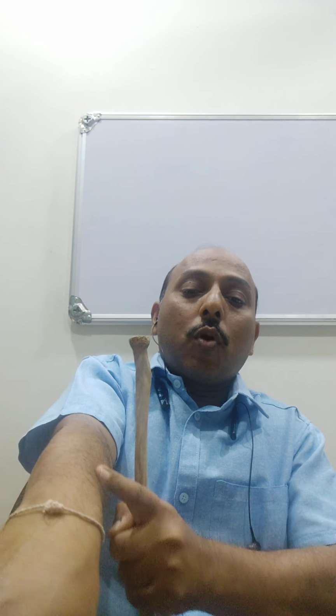Previously the forelimbs were used for weight bearing. If we assume that the upper limb is being used for weight bearing, then we will put our upper limb like this. So this thumb will come inside, so this is the pre-axial border.